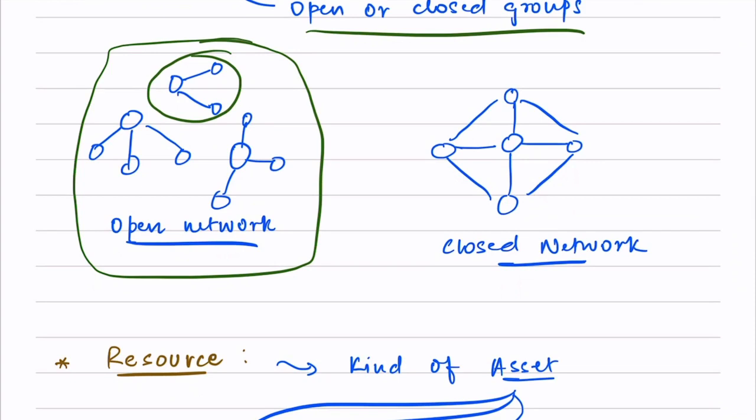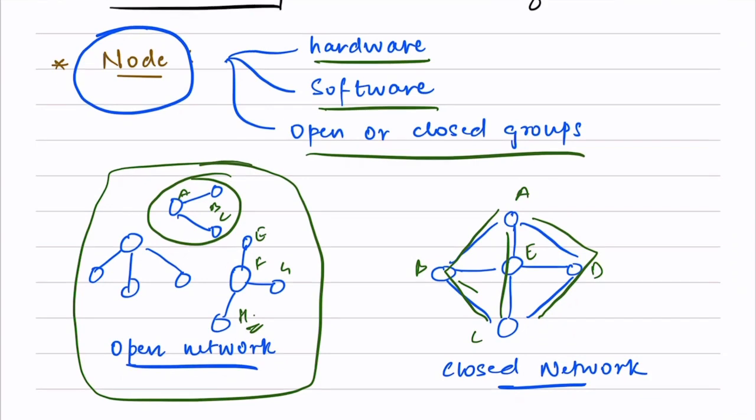Let's suppose this is A and this is B, this is C and this is D, and let's suppose this is E. So A is connected to C via B, and also directly, and similarly A and E. So it's kind of forming a closed group. So this is called a closed group of nodes. And if you see that A, B, C are not connected to E, F, G, H. So you understood the gist of that. This is a concept called node.